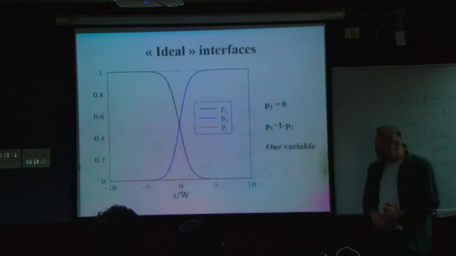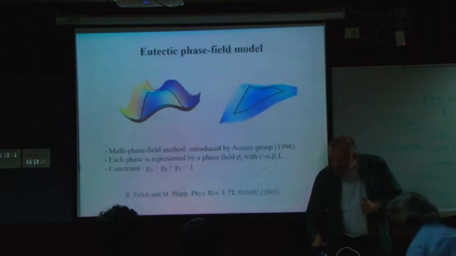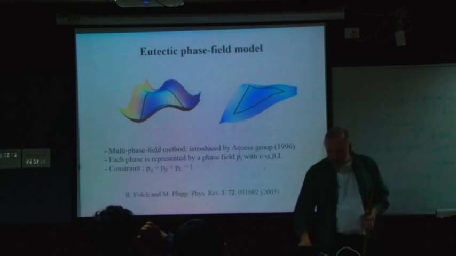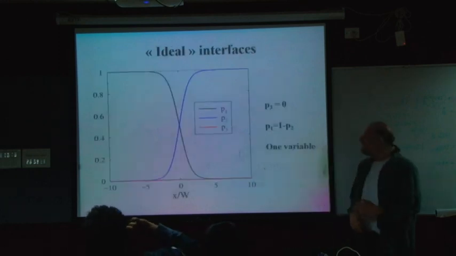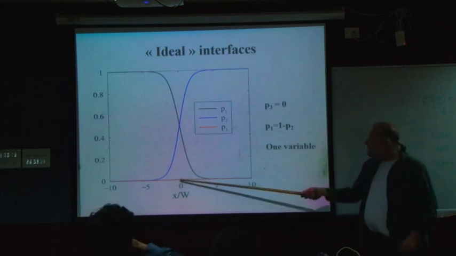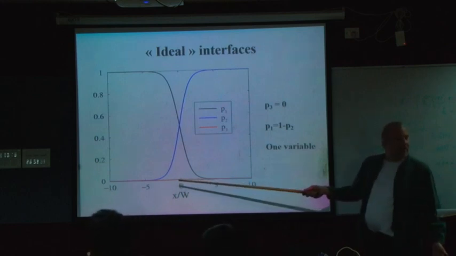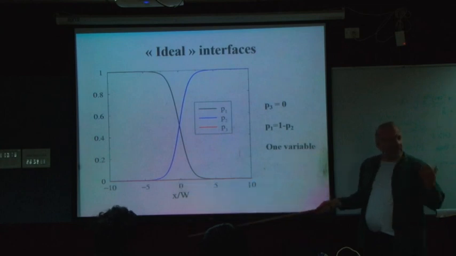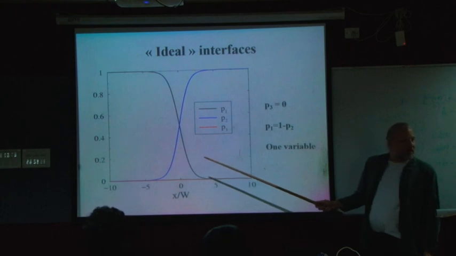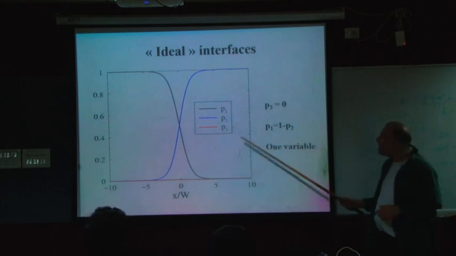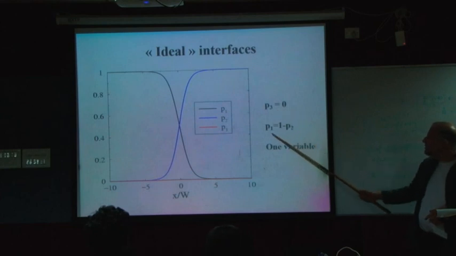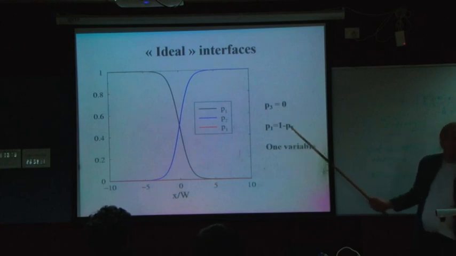So what's the point? Well, if you consider one of these black lines here, say going from phase 1 to phase 2, okay? In the ideal case, what you would like to have is that P3 is 0 all the way along this interface because it's an interface between phases 1 and 2. And if P3 is 0 all the way, then actually along the interface you have only one non-trivial variable because if P3 is 0, then P1 and P2 are related in this way.